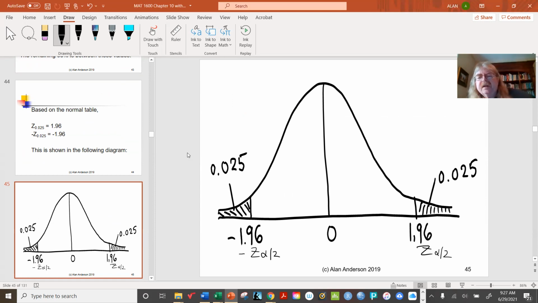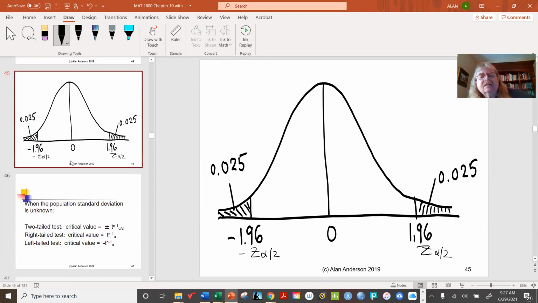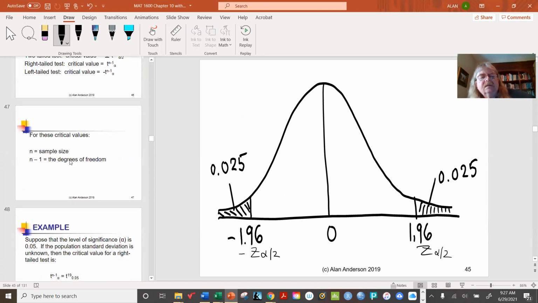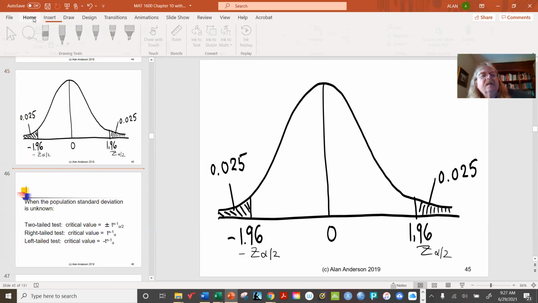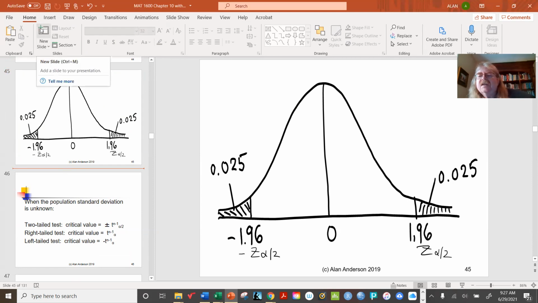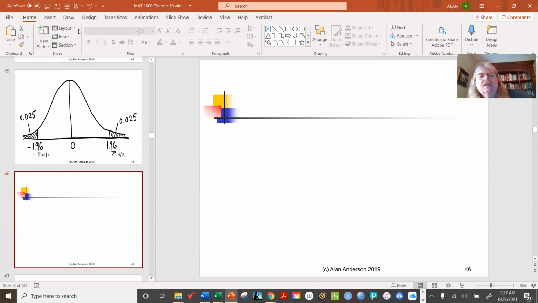So what are we doing with this information? That's the interesting part. The way it works, I'll put this in here as a separate slide. If you notice, each time I've shaded the tail areas.